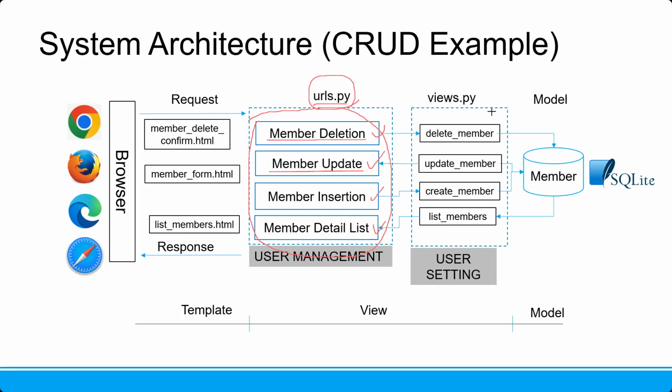And we are going to create 4 functions in the views.py: delete member, update member, create member, and list members. And those things will connect to the database, for which we are going to use SQLite. So we call this MVP.